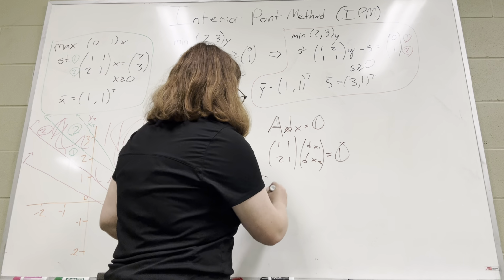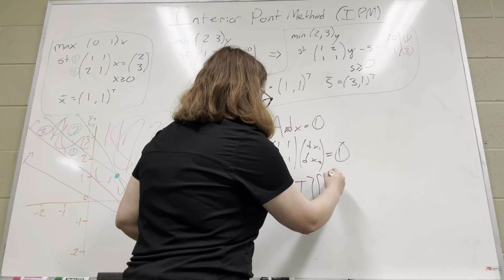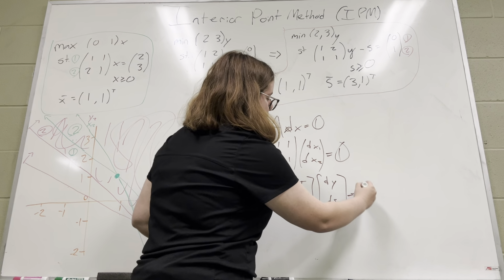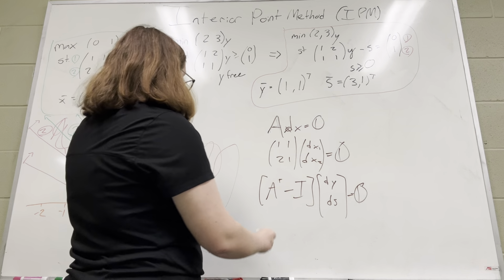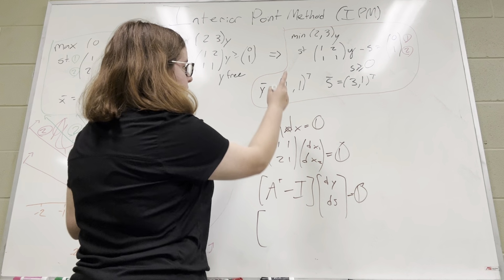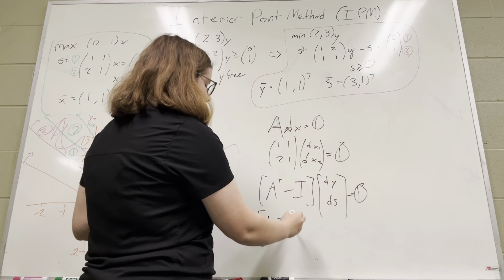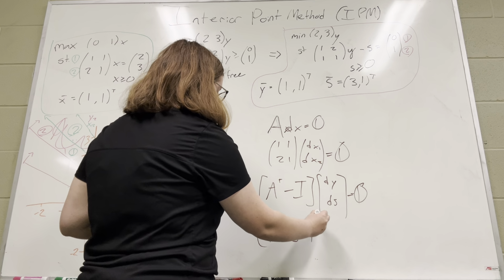Well, we say that A transpose minus the identity matrix times dy ds is equal to 0. I explained why in the last video, but now we just get to plug and play here. So this is going to look like, I'm going to put that thing in over here, and the negative identity matrix looks like this. 0, -1.